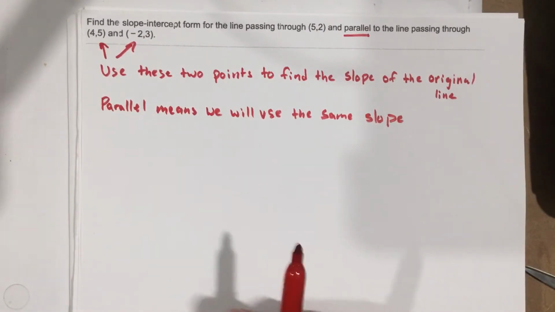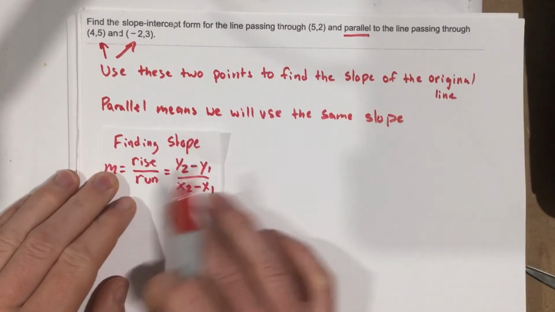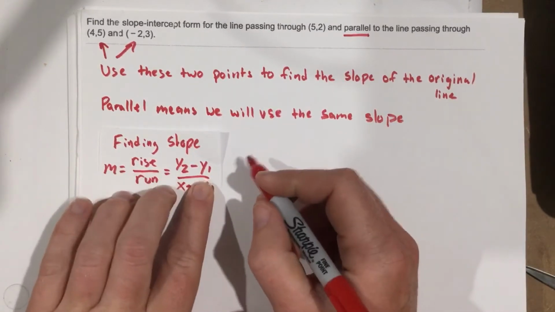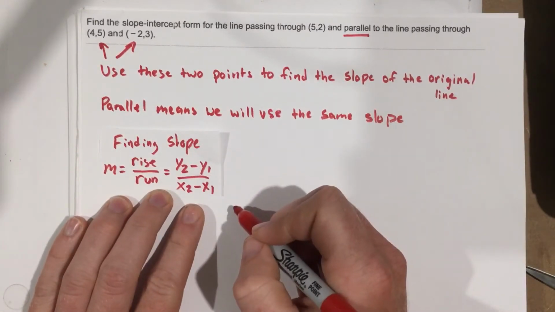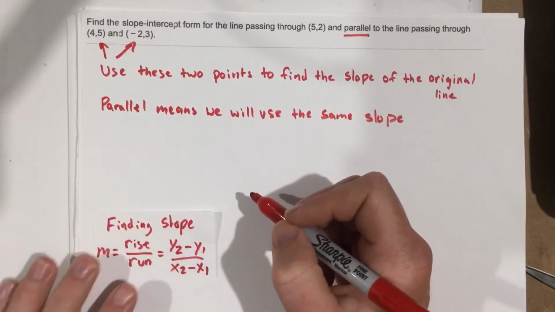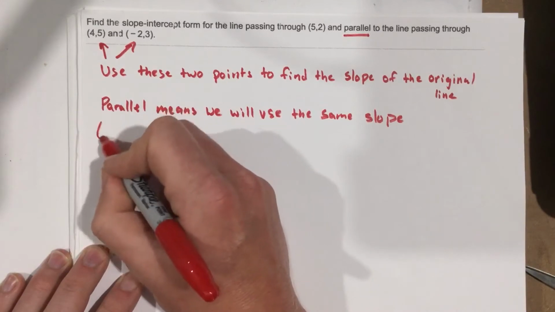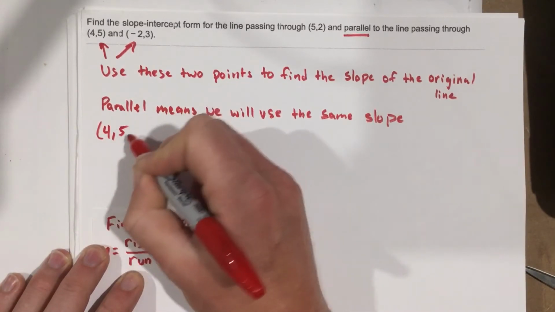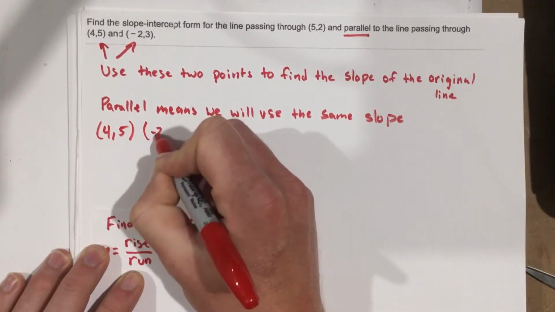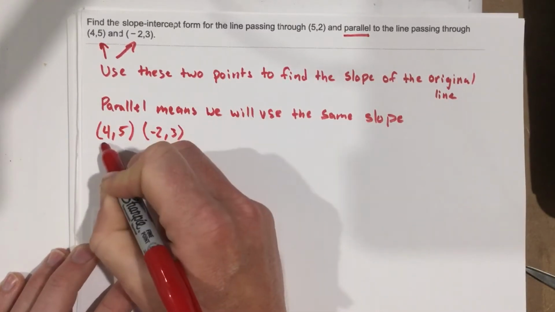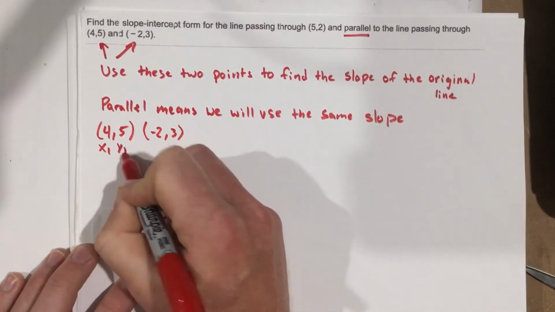So that means if we want to find slope, we're going to use this equation. So if we do y2 minus y1, I'm going to slide this down just a little bit, we're going to say y2 minus y1, so we'll say 4, 5, and negative 2, 3, and I'm going to label these. This is my first coordinate, so I'll say x1, y1.